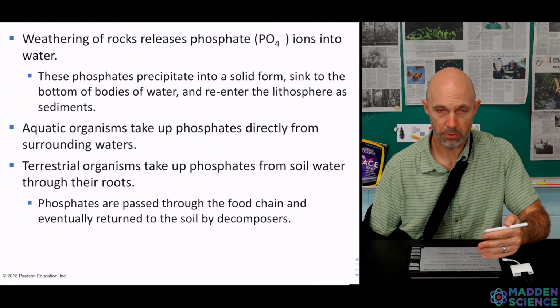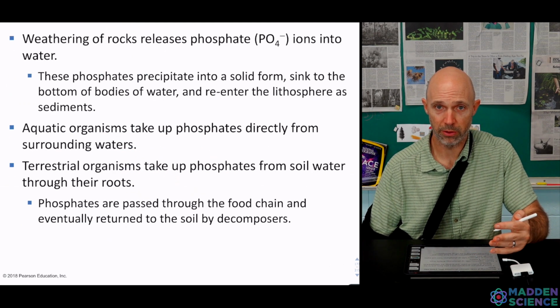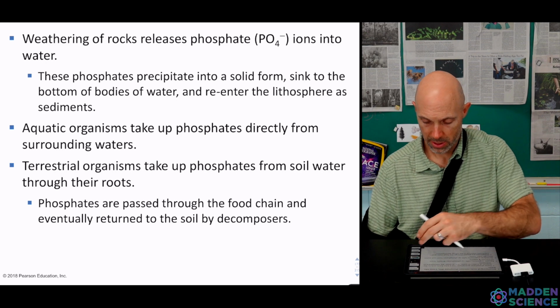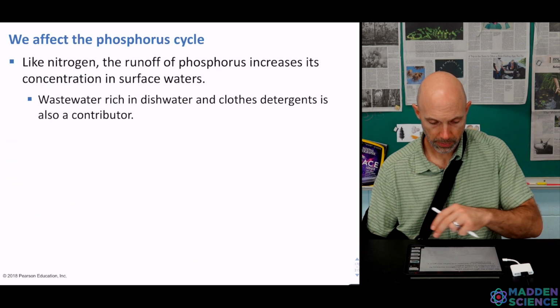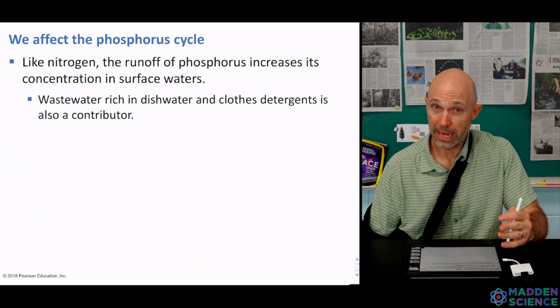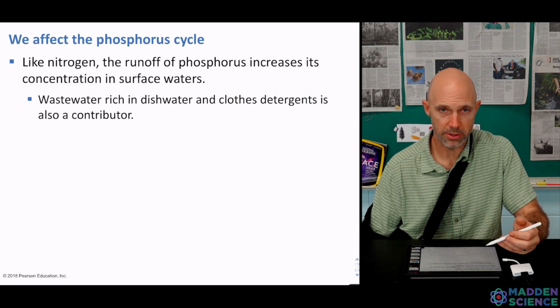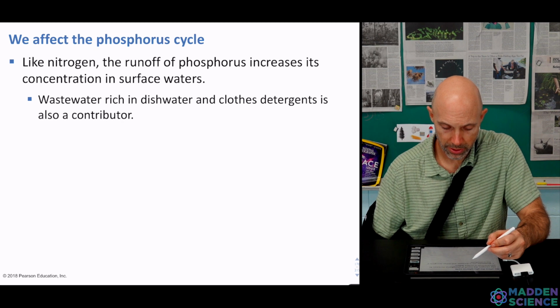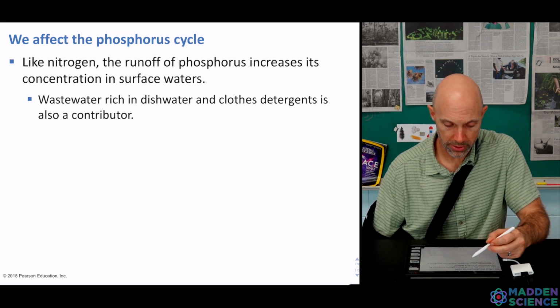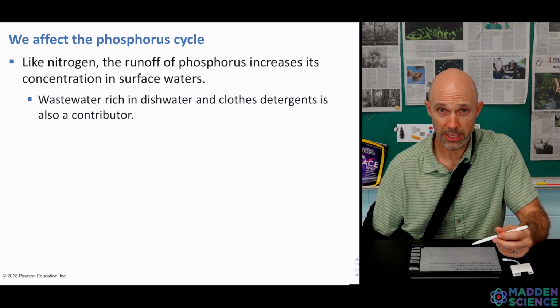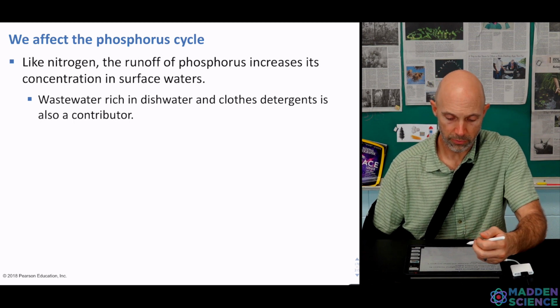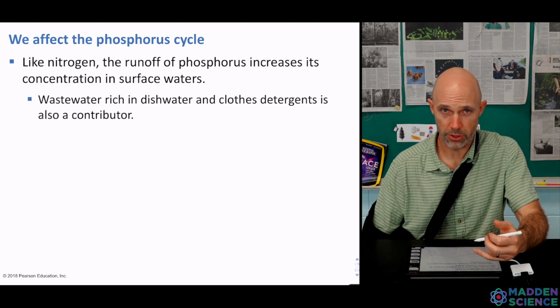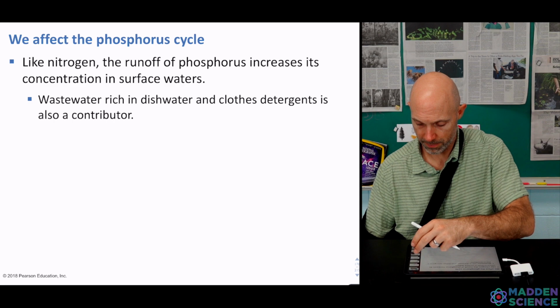We can see it released off of weathering rocks in the form of phosphate ions. Like nitrogen, phosphorus runoff increases its concentration in surface waters. Wastewater rich in dishwater, clothes detergent is also a contributor. So you might see both of those things for clothes and your dishwasher detergent, say like low phosphates.